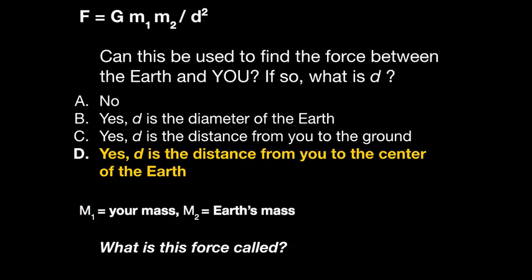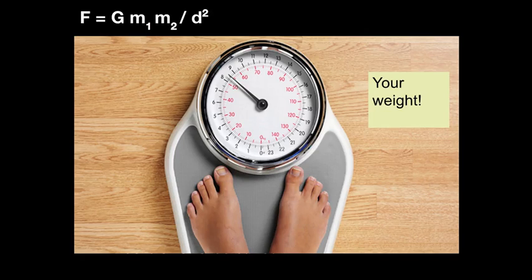So if you put in your mass, and you put in the Earth's mass, and you put in for d the distance from you to the center of the Earth, you can calculate the force of gravity on you. And as a matter of fact, the force of gravity on you has a special name. Do you know what that is? That's right, it's your weight.